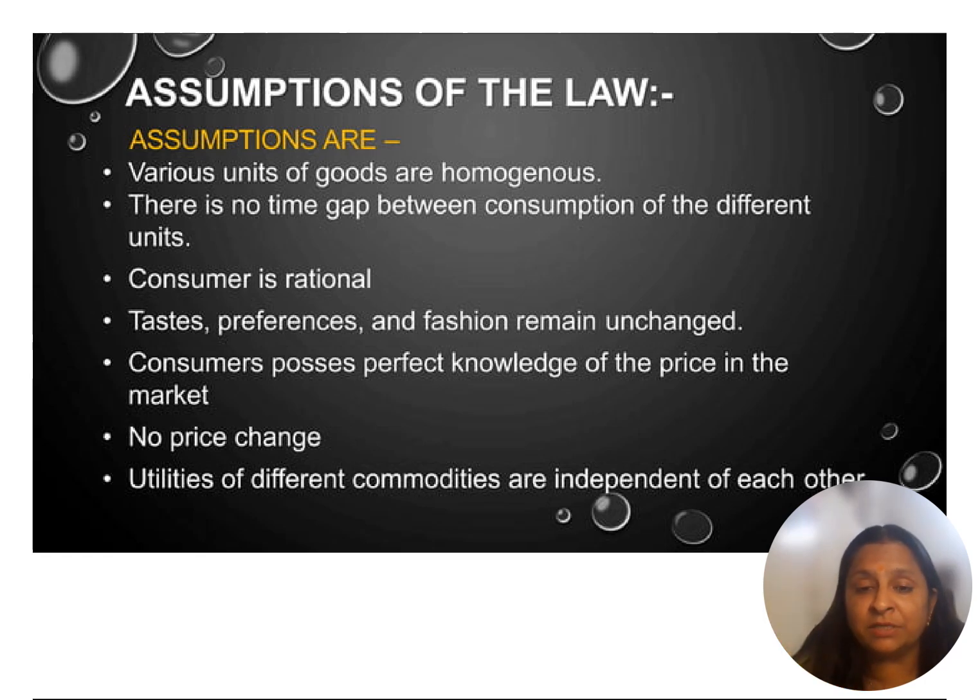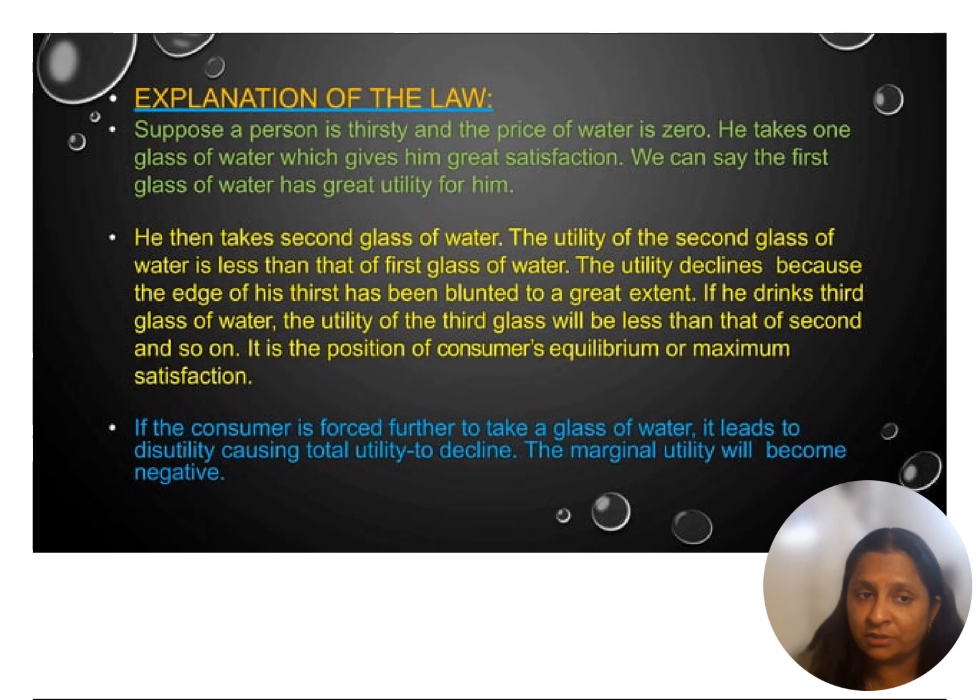This is based on assumptions: various units of the goods are homogeneous, no time lag, continuous form, consumer is rational and knows everything, taste and preferences remain unchanged, the consumer has perfect knowledge of market prices, no price change, and utilities of different commodities are independent of each other.